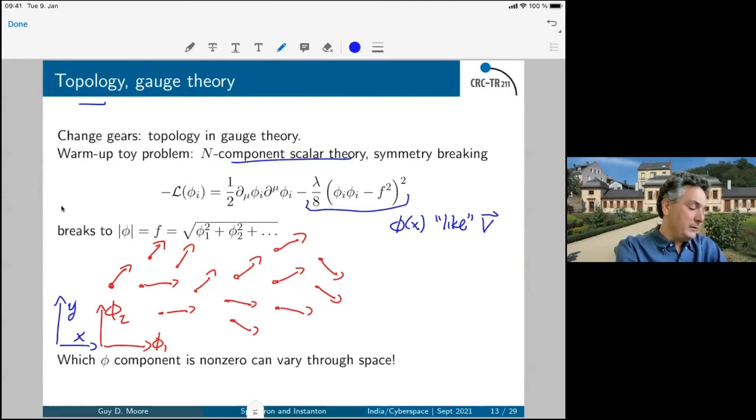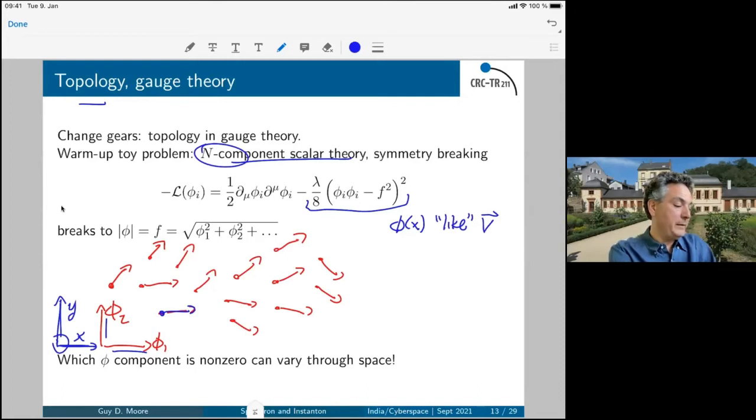And to better visualize what's happening, as a function of x and y, you can plot what phi 1 and phi 2 are doing, so that at any point you can describe the field with a vector. And then if the number of components here happens to be the same as the number of space-time dimensions, then a description of the field looks just like a vector field.